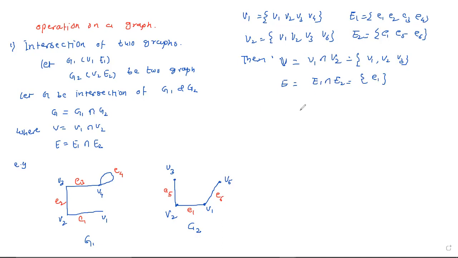Okay. So how to draw the new graph? See, we show V1, V2, V3. Now there is edge E1. E1 is present between V1 and V2. So we draw. Okay. Finish. So there is only one edge. So this will be your graph. Okay, Karina, clear?